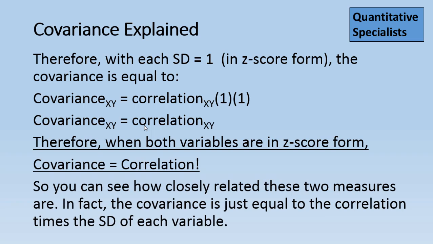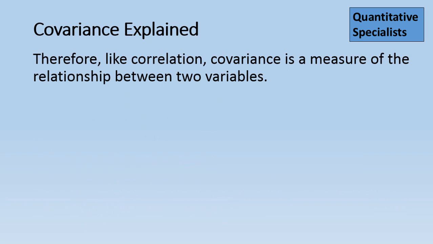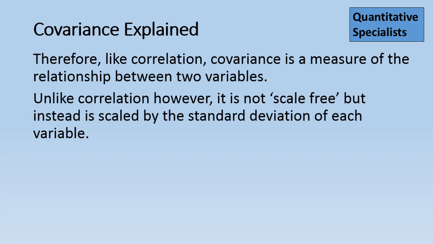So you can see how closely related these two measures are. As we saw before, the covariance is just equal to the correlation times the standard deviation of each variable. Therefore, like correlation, covariance is really just a measure of the relationship between two variables. Unlike correlation, however, it's not scale-free, but instead it's scaled by the standard deviation of each variable.